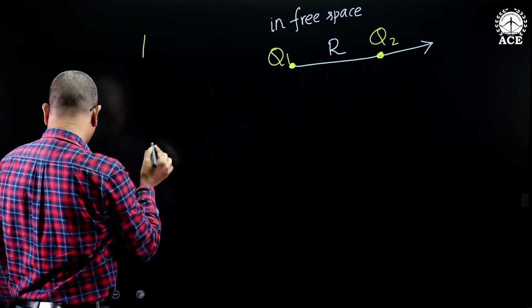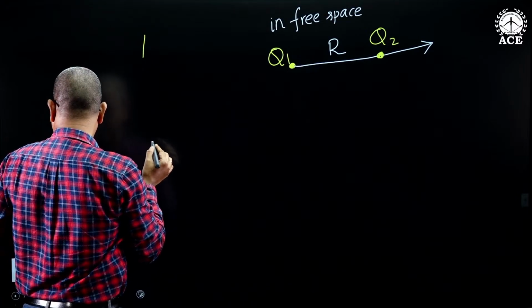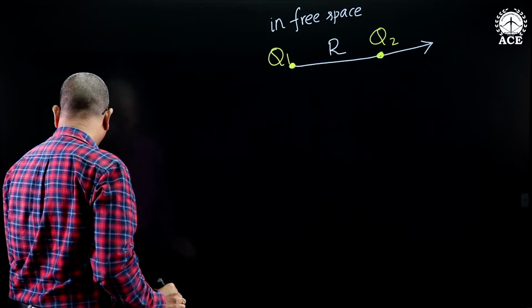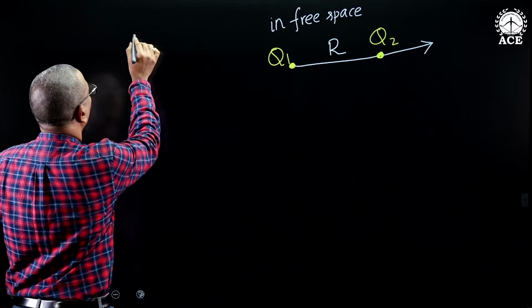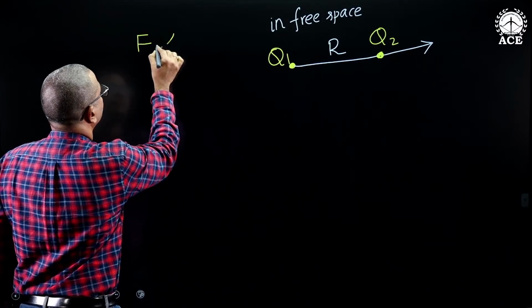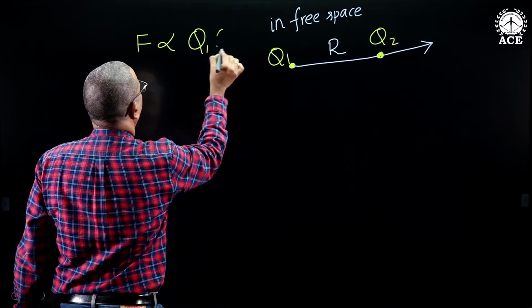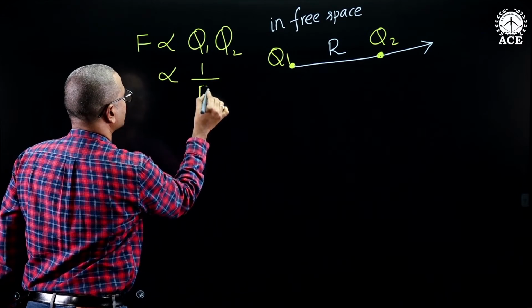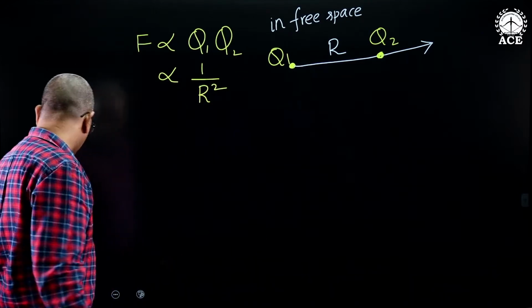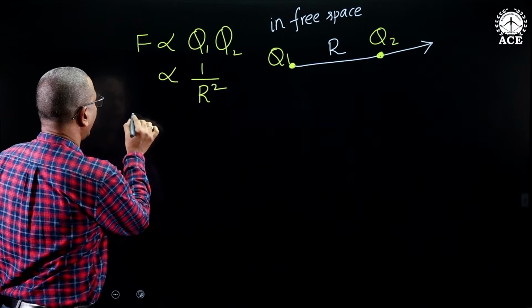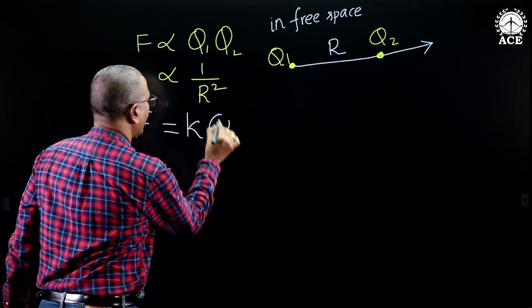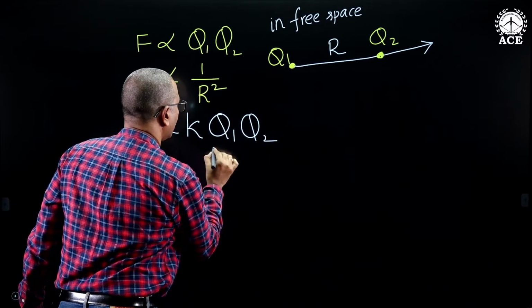Let us take that the force between them depends on the charge contained. Whatever the charge we have, the force is proportional to the product of the charge on each object and is inversely proportional to the square of the distance between them. From this we can write Coulomb's force equation in magnitude form, F equals K Q1 Q2 by R square.